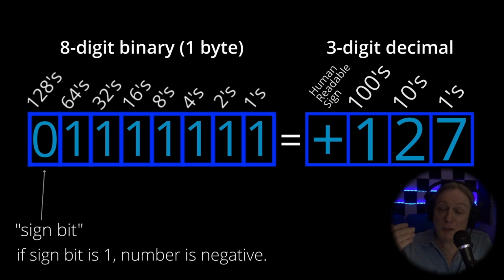And with signed integers like this, the positive side is always shortchanged 1 value. And it's the value at the highest end of its values. So in the case of a 1 byte signed integer, it goes to 127. It can't make it to 128 because that sign bit is not available to it for a positive number, because that would make it a negative number. And that's just the nature of 2's complement signed binary integers like this.